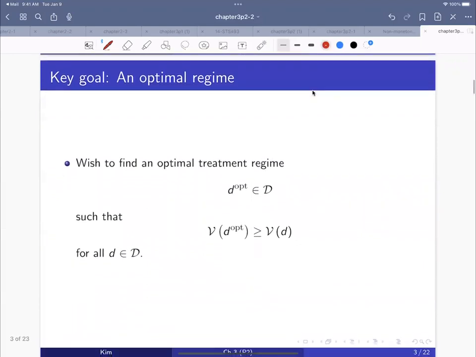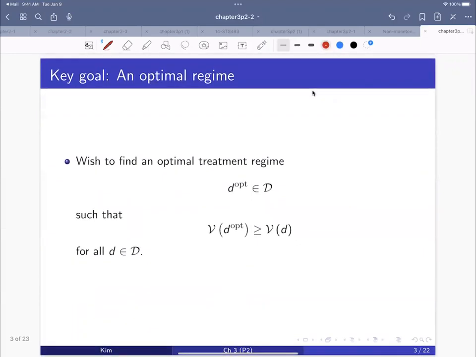So the key goal is we wish to find an optimal treatment regime, such that it maximizes the expected potential outcome.